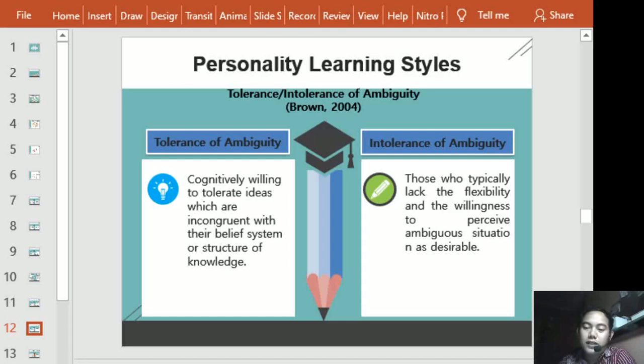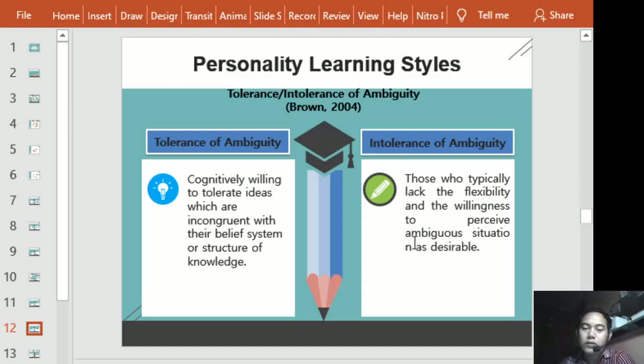The tolerant learners are more likely to be risk takers and persistent processors and can be expected to perform well when faced with a learning situation containing novelty, complexity, contradiction, and or lack of structure, while the intolerant of ambiguity, on the other hand, are more closed-minded and dogmatic, and tend to reject items which are contradictory with their existing system.